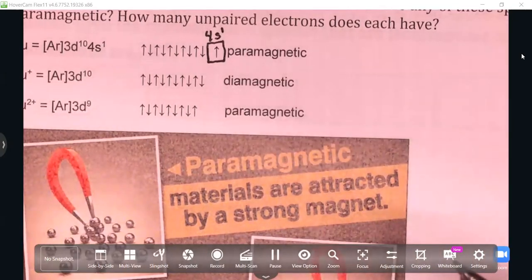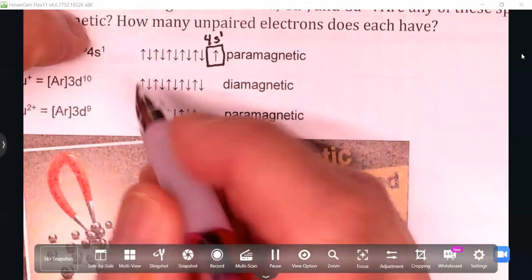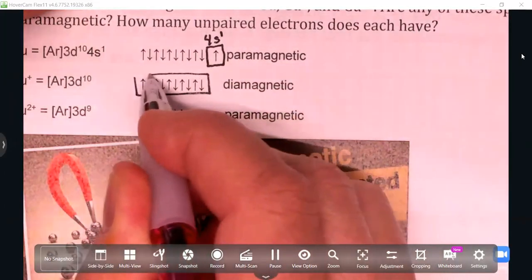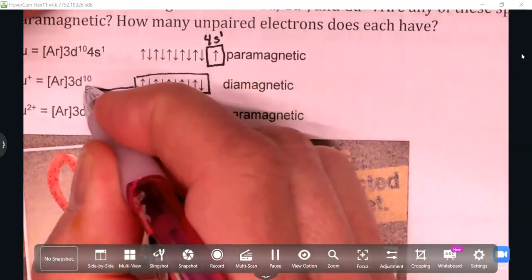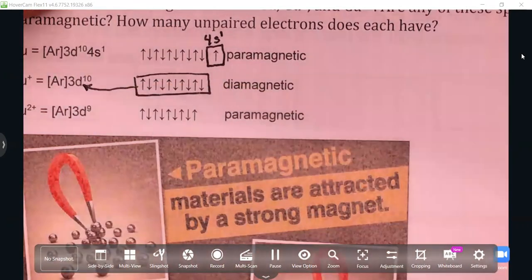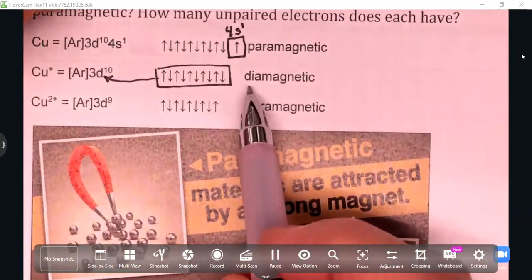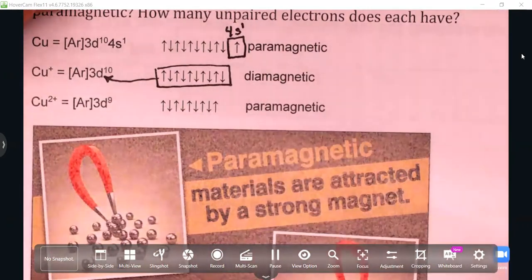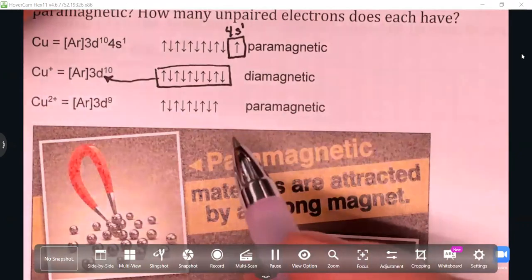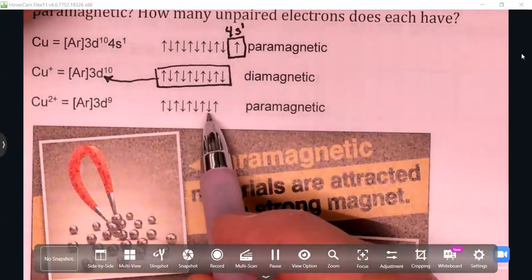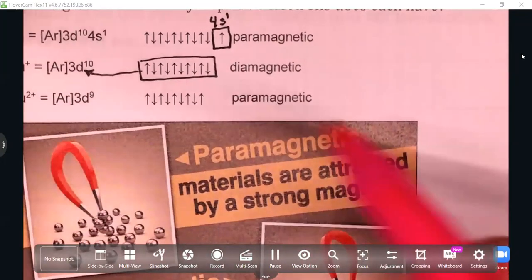And all of this is a D. 3D10, everything's paired up. So it's diamagnetic. And 3D9, we have one of them that's not paired.